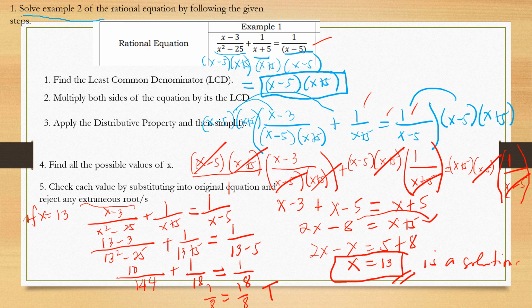Wala siyang extraneous roots kasi wala naman ibang value ni x. So, ibig sabihin, solution talaga si 13 dahil nag-equate yung dalawang equation nung sinubstitute ko si 13. Ganyan mag-solve ng rational equation.